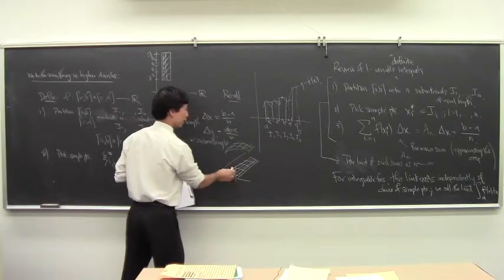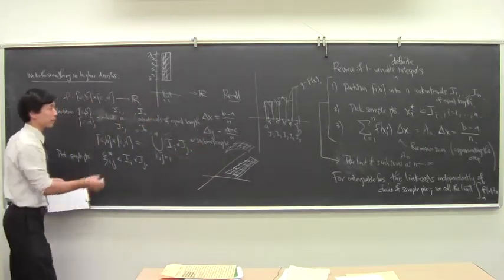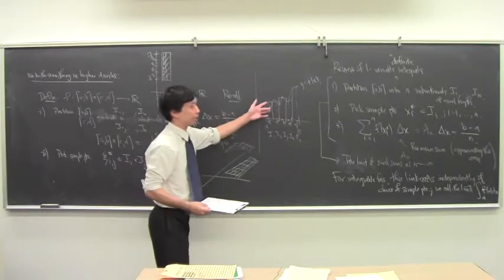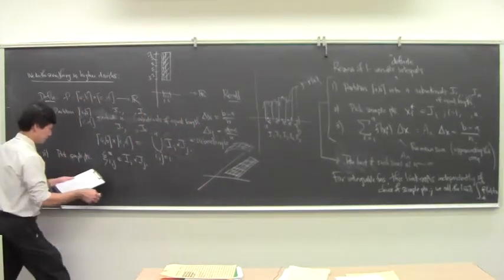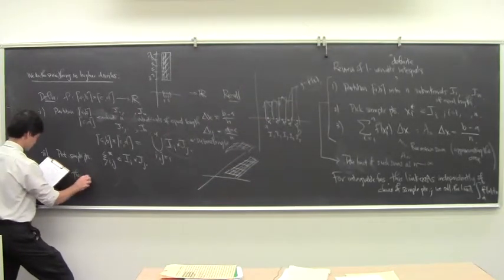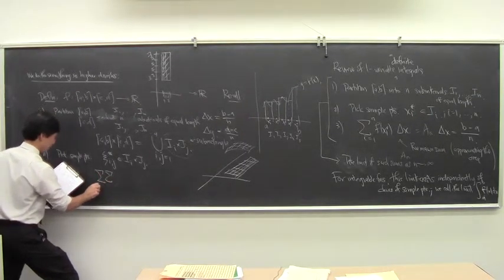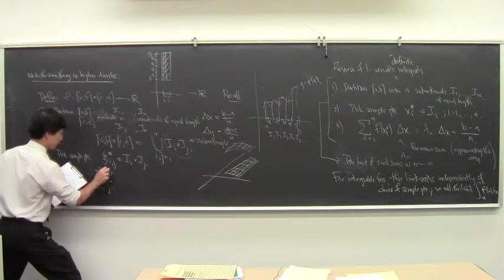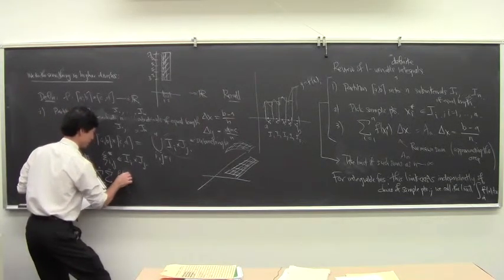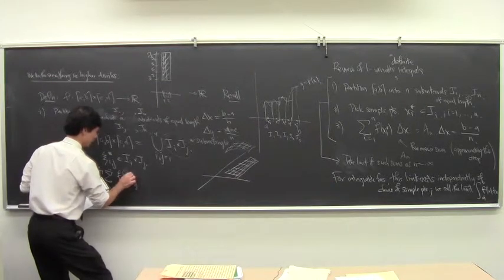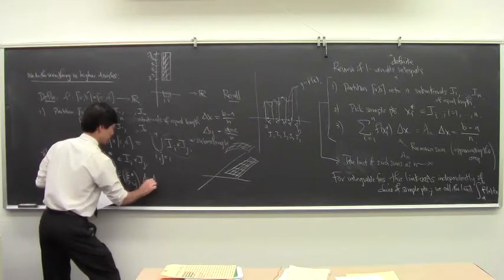At each sample point, you take that as the height of some parallelepiped. So instead of saying rectangle, it's not the area of a rectangle, but rather the volume of the parallelepiped. So then, the summation i equals 1 to n, j equals 1 to n of f evaluated at Xij star times delta x delta y, right?